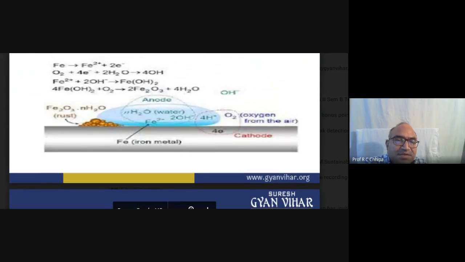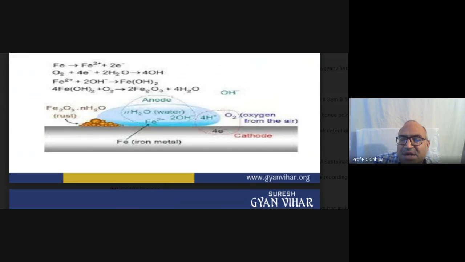So in this particular case, what happens? Iron undergoes the process of oxidation. So definitely anode and cathodes are formed. Some galvanic cells are formed, and because of that galvanic cell we can clearly see the anode and cathode.